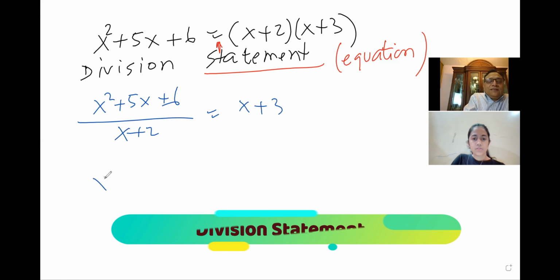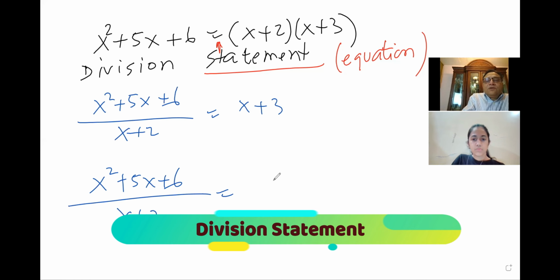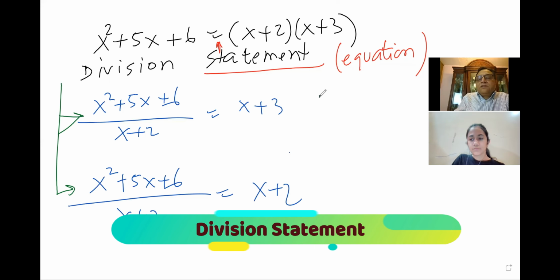I could also write x squared plus 5x plus 6 divided by x plus 3 as equal to x plus 2. Is this the same thing? Do you see both as division statements? So I converted the multiplication statement to division.